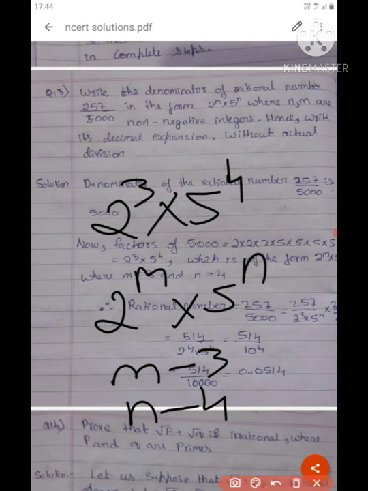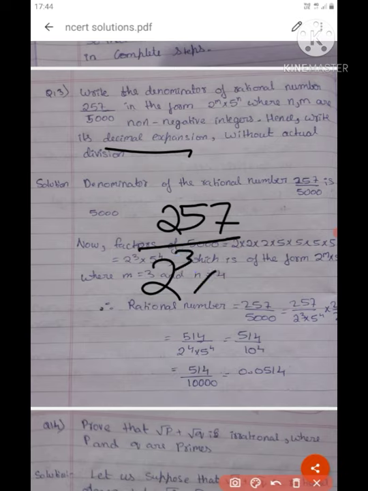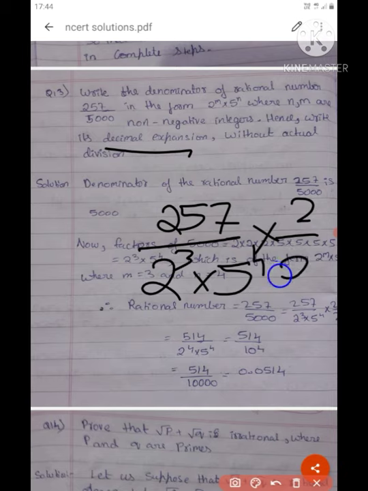Next, they're asking us to write the decimal expansion of it without actual division. Now, this can be written as 257 by 5000. We found it can be written as 2 to the power 3 into 5 to the power 4. Multiply by 2 by 2, so that we get the denominator in the form of 10 to the power something.